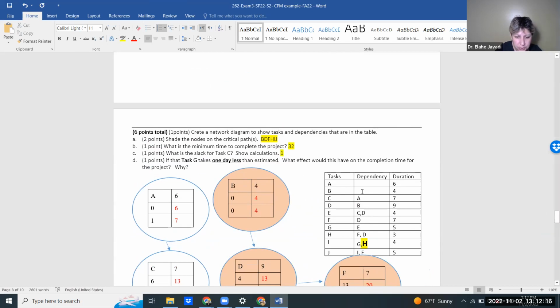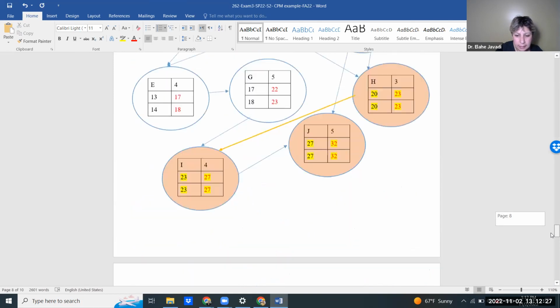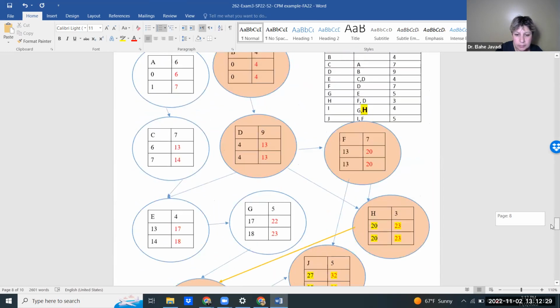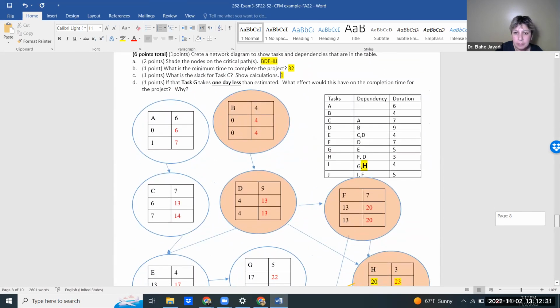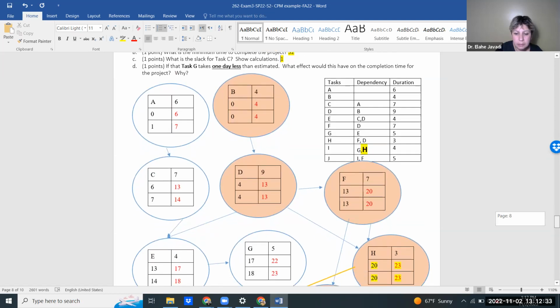If task G takes 1 day less than estimated, what effect would this have on completion time of the project and why? Let's look at task G, and this is your turn. Greg, G is non-critical. It's going to take 1 day less.